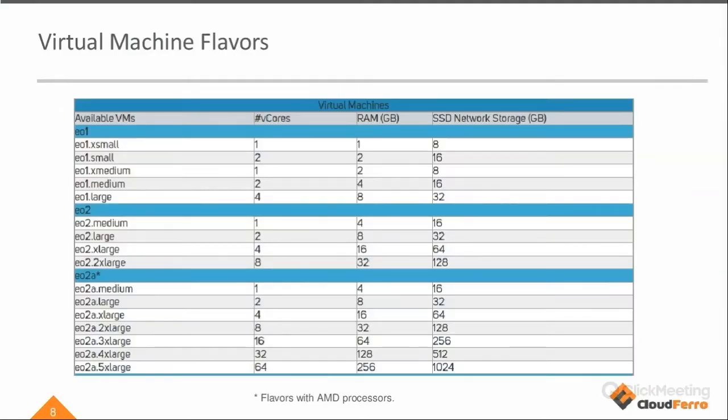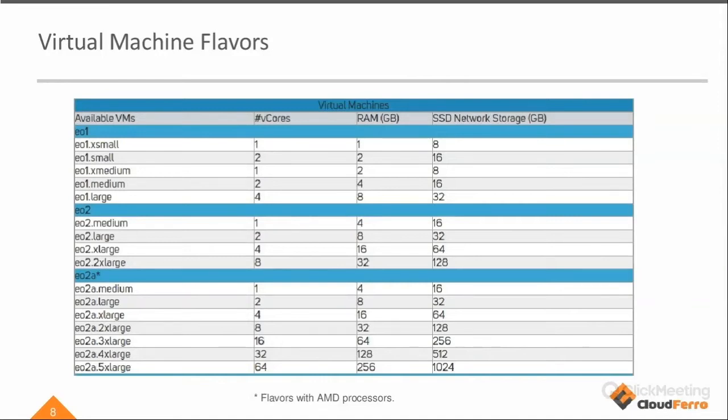So when talking about the cloud environment, we have to highlight that we give our users access to different virtual machines, to different flavors, depending on your needs. Virtual machine flavors differ in the number of vCores, the amount of RAM, and also the capacity of SSD disks.